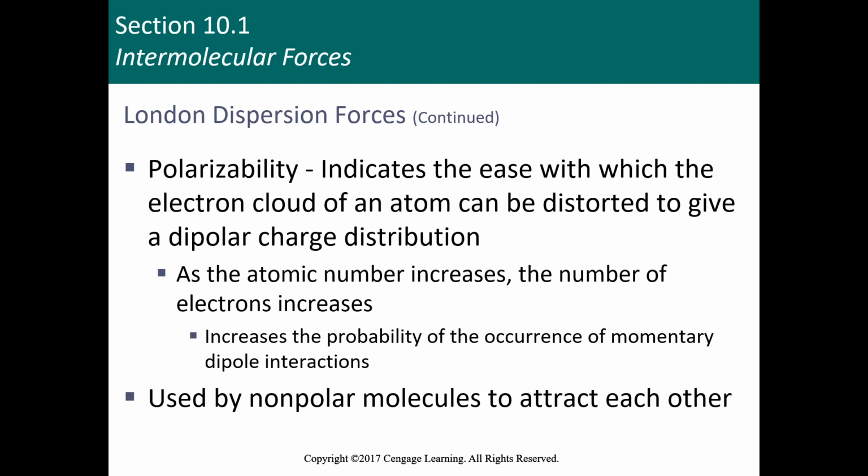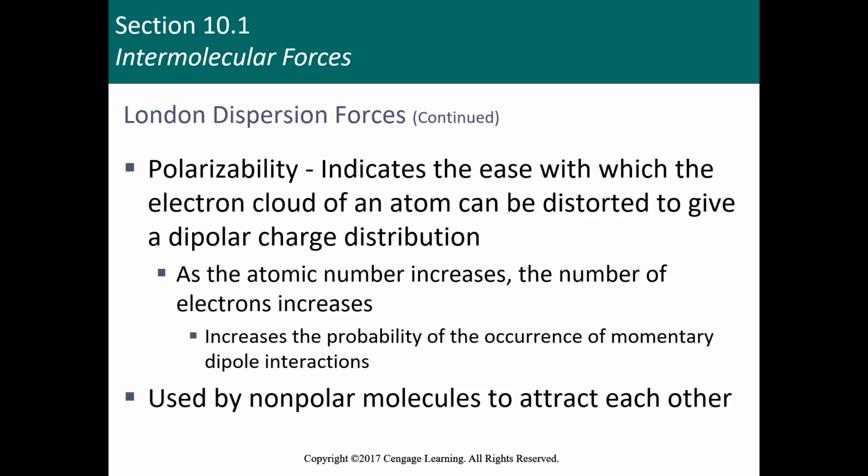However, it's going to happen more if you have something that has a lot of electrons or very loosely held, which is polarizability. If something has a lot of electrons and these electrons can very easily move around and very easily make a dipole charge distribution around that nucleus, then this is going to happen a lot more.